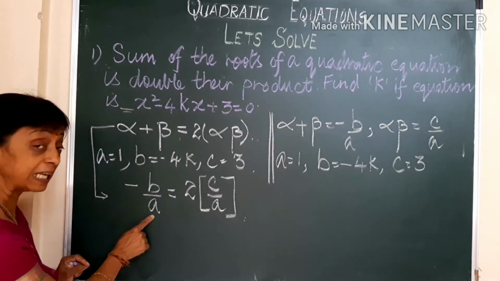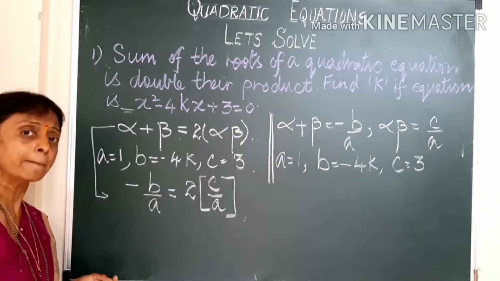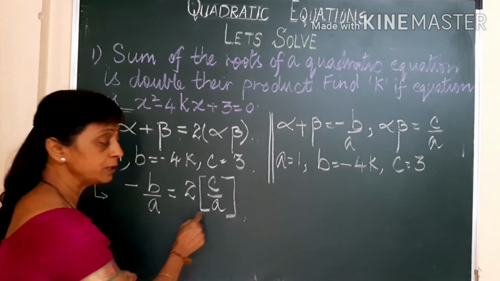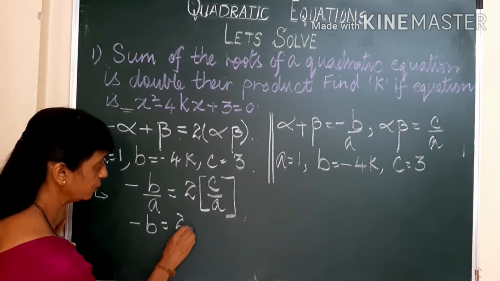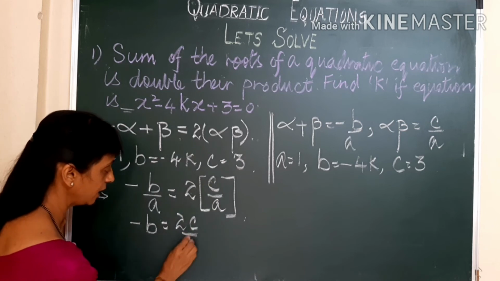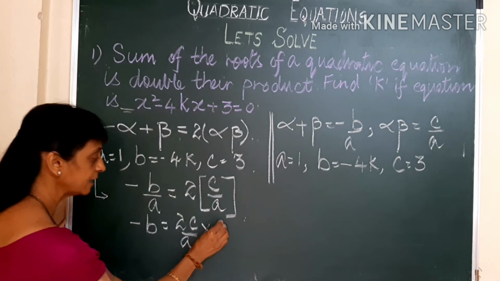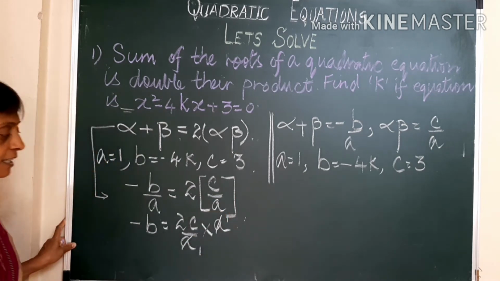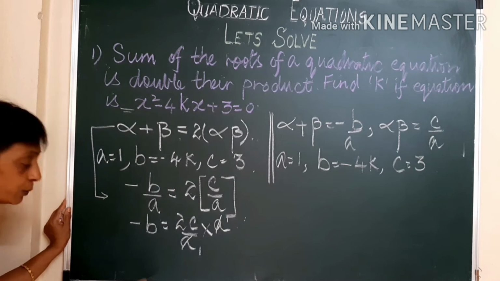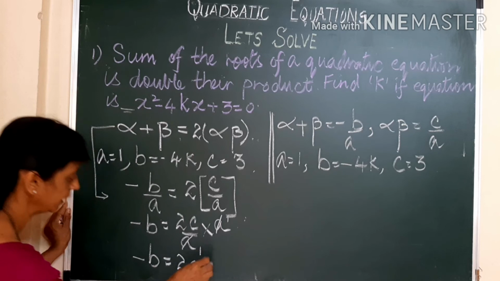A is performing division. So if you take it to the other side, it will become multiplication and you can reduce a. So minus b will be equal to 2 into c, that is 2c upon a, into a goes on the right hand side. So multiplication, a and a get cancelled. What are you ultimately left with? You're left with minus b is equal to 2c.